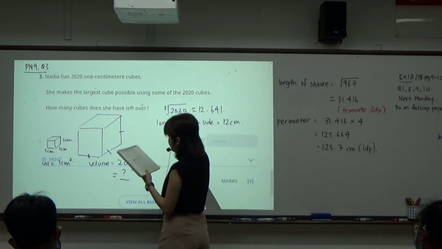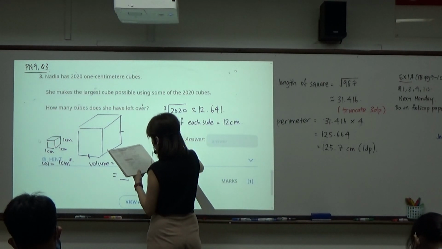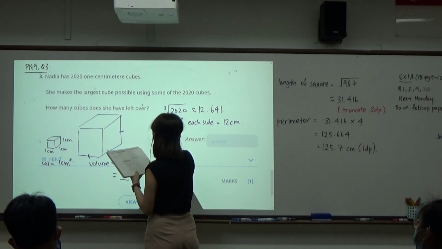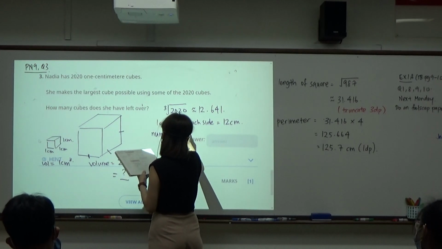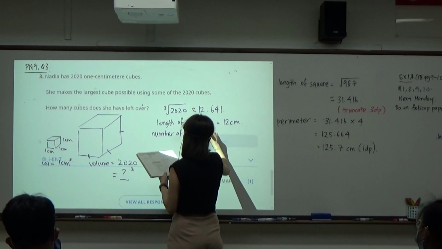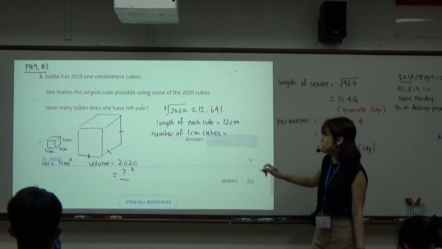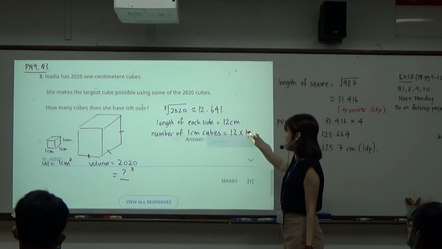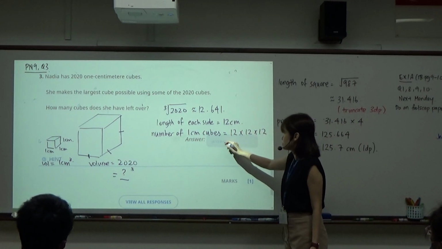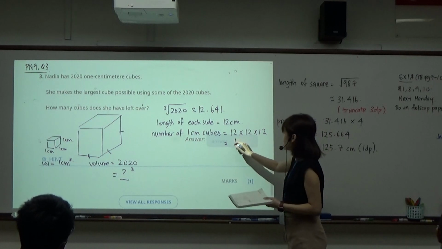The number of 1 cm cubes that we will be using will actually be 12 times 12 times 12, which is going to be 1728.